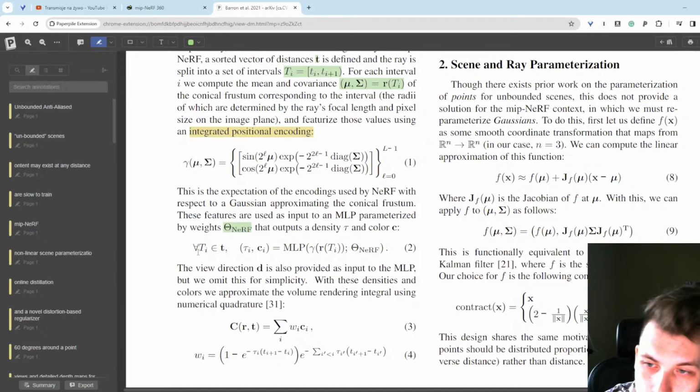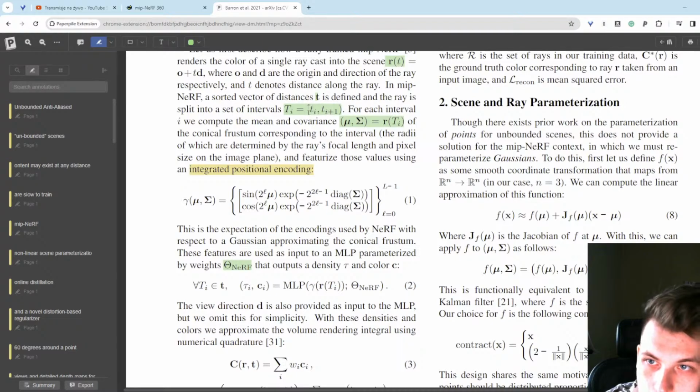So for all of these intervals, we put them into this encoding, and then we have this positional encoding, and we apply our NeRF parameters, and for all of the intervals we get the density and color.